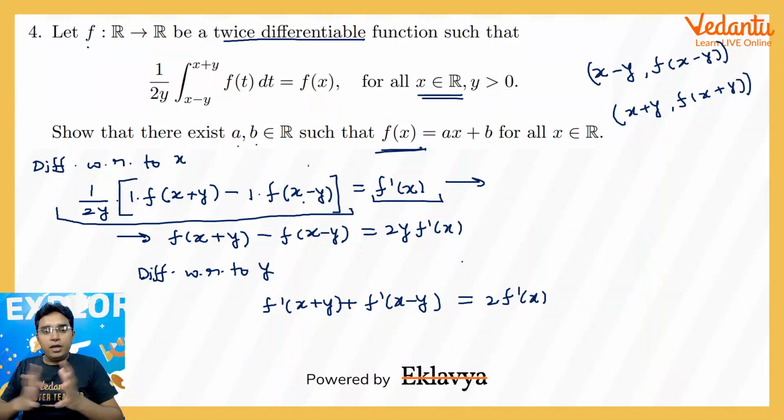So whatever y you choose, x is so located that its derivative will be equal to the slope of a chord joining 2 points, and these 2 points are equally spaced about x, one at x minus y, one at x plus y. And I think such is a property of a parabola also.